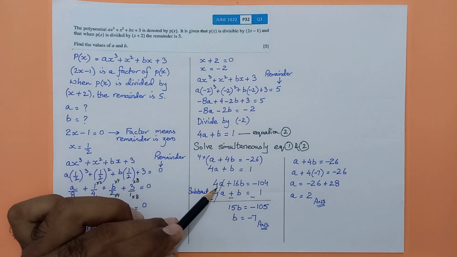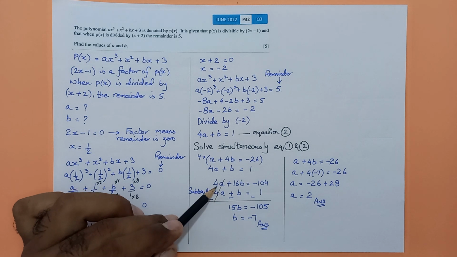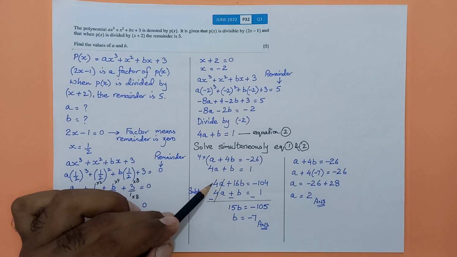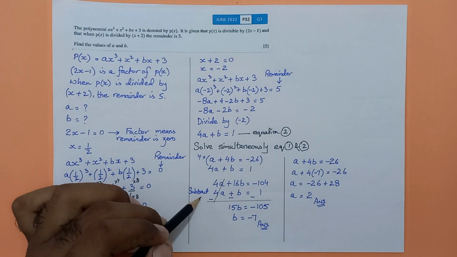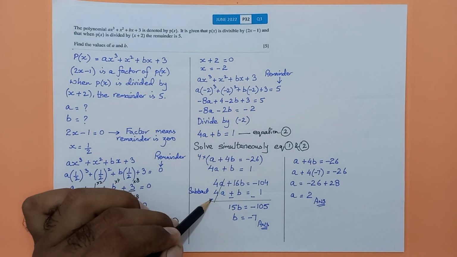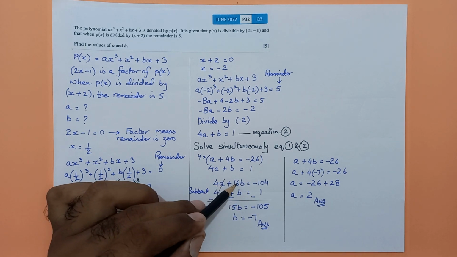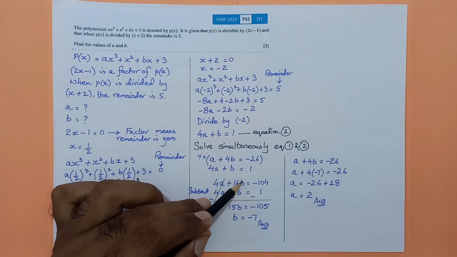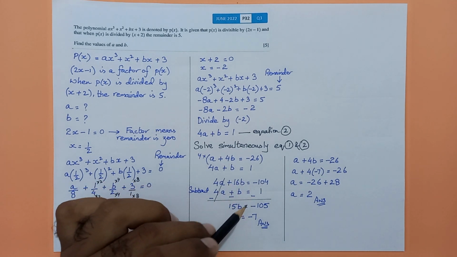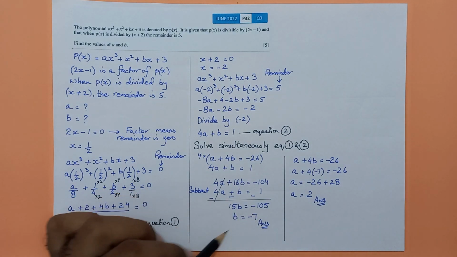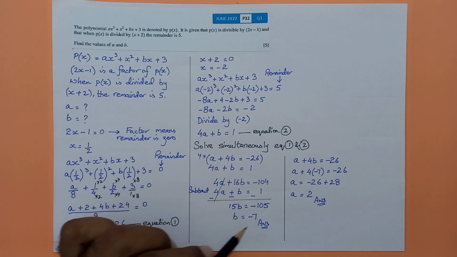As you can see, both equations have the same term 4a, but to eliminate it the signs should be opposite, so subtract both equations. After subtracting, 4a cancels. 16b minus b is 15b, and minus 104 minus 1 is minus 105, and minus 105 divided by 15, the value of b is negative 7.